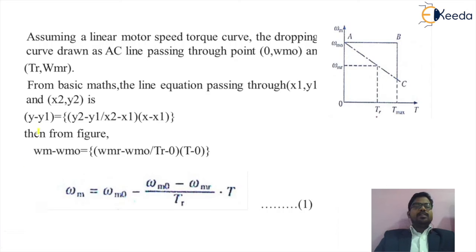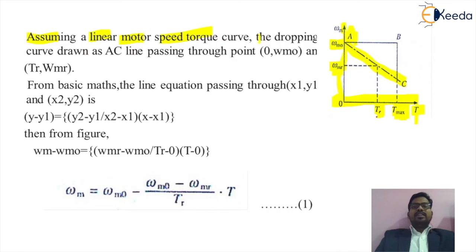The first step is that we are now assuming a linear motor speed torque curve, in which we have different values of speed and torque. The first value is omega m0, the no load speed. Omega mr is the rated speed. Tr is the rated torque. Tmax is the maximum torque.